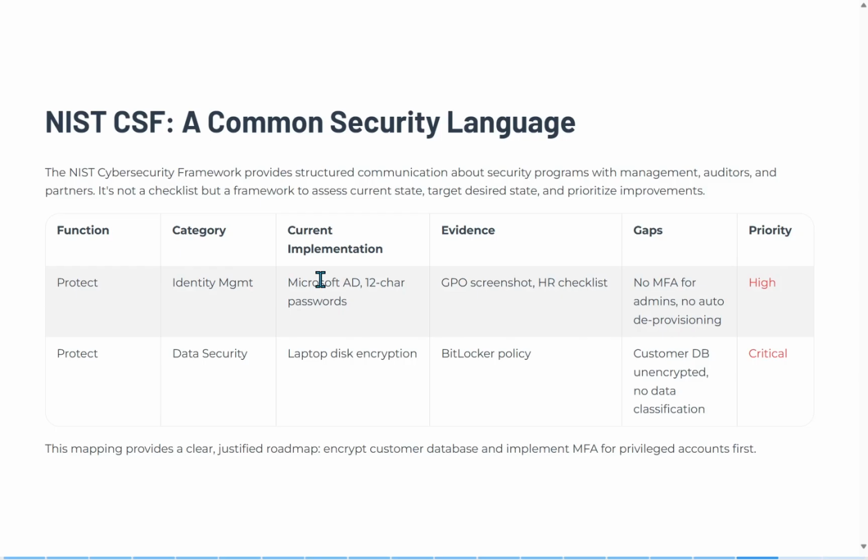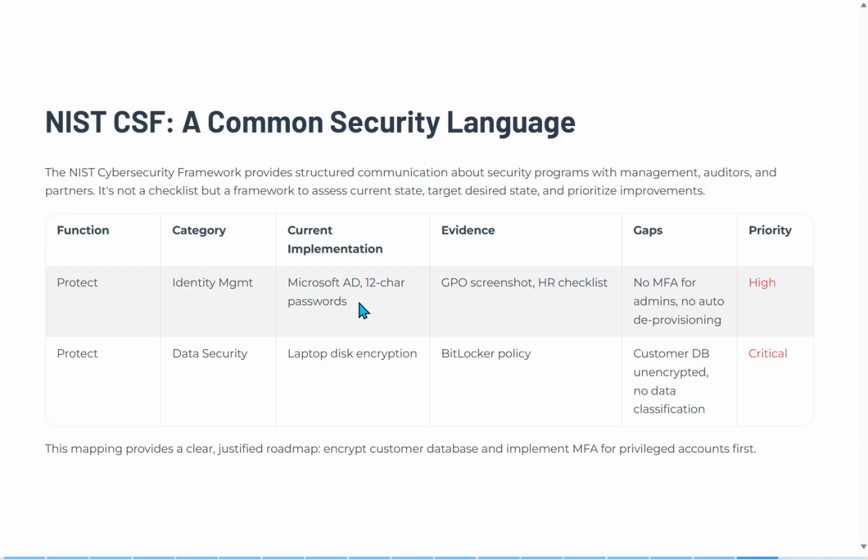Function, we have the protect. So the category here, we have the identity management. So current implementation, where you implement this, because I taught you guys last time where to implement this: the Microsoft Active Directory, where we set the minimum password length to be 12.